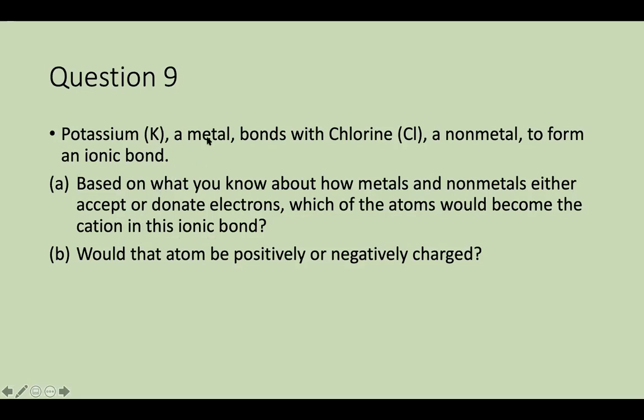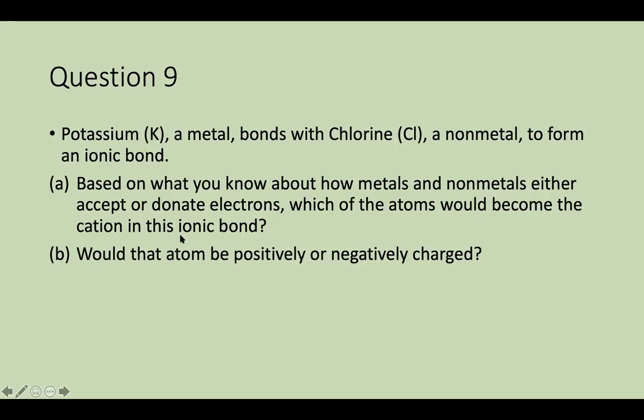So as a reminder, and this is something you definitely want to know, metals are going to donate electrons. So they're going to typically get rid of electrons because they usually have only a couple of electrons in their outer energy level. So it's easier for them to donate those than take on a bunch more to fill up their valence shell. So that means potassium is going to donate, and that means it becomes a cation.